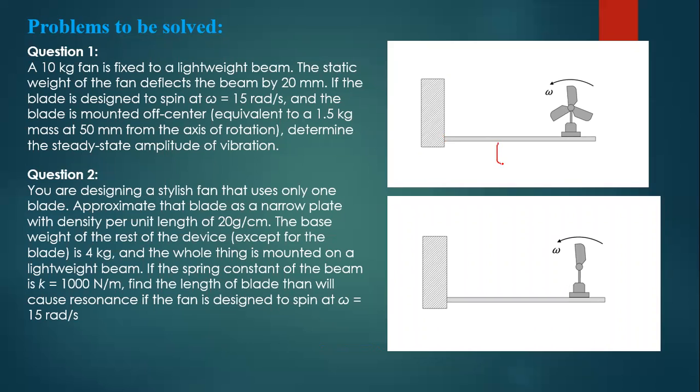This is the beam, and this is the fan. The weight of the fan is 10 kg. The static weight of the fan deflects the beam by 20 millimeters. Delta static is given, which equals 20 millimeters.